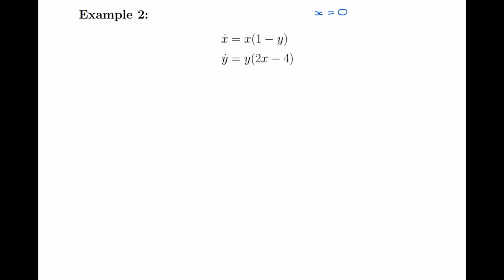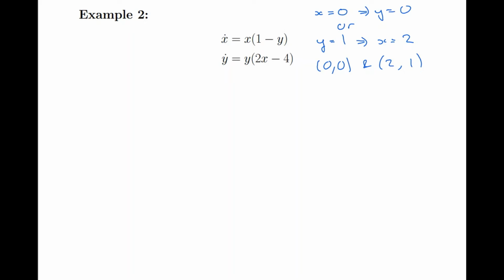Well, if x equals 0, substitute that into the second equation, you must have y equals 0. Or, from the first equation, you might have y equals 1. Substitute that into the second equation, you must then have x equals 2. So there are two fixed points, (0, 0) and (2, 1).